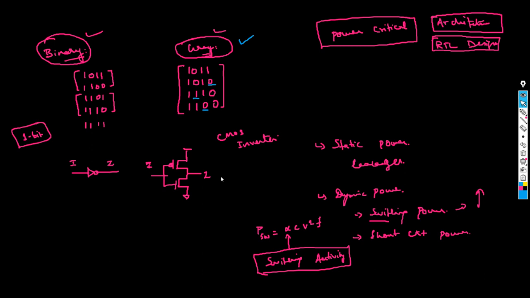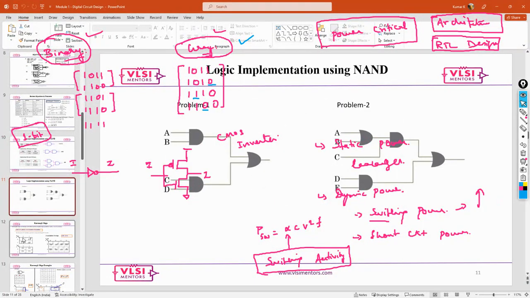So, K-map using gray code, the basic reason is the power optimization only? No, it basically gives you an optimized circuit. We will be talking about that here, so we will just wait for a minute.